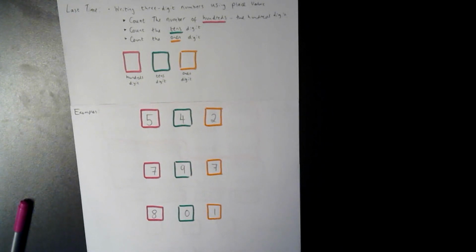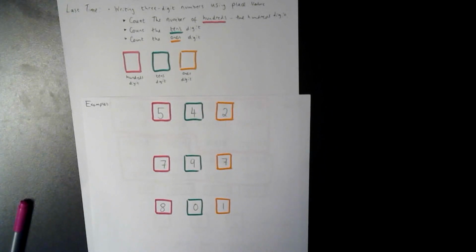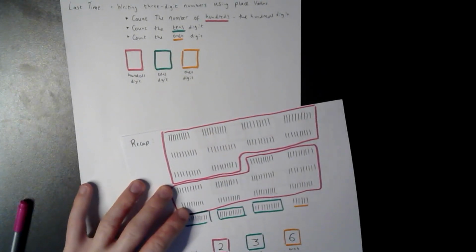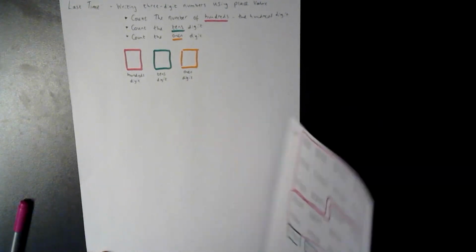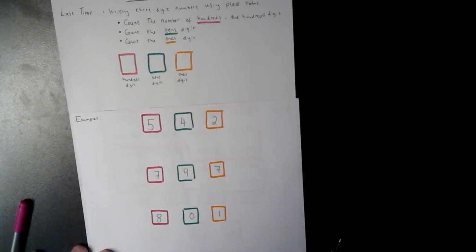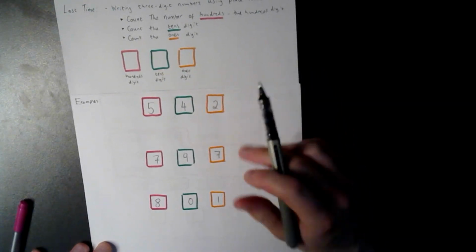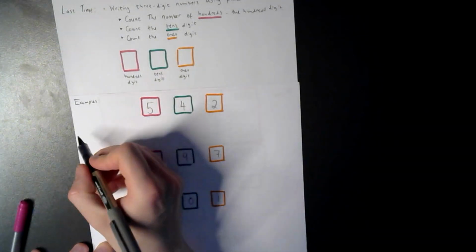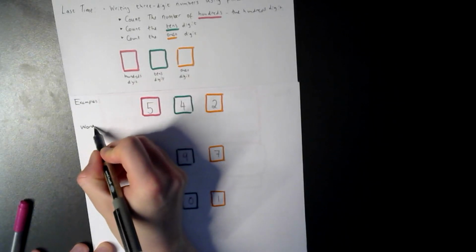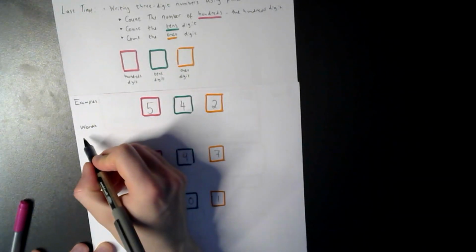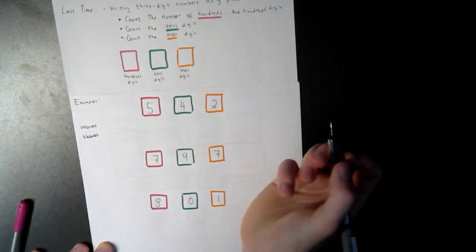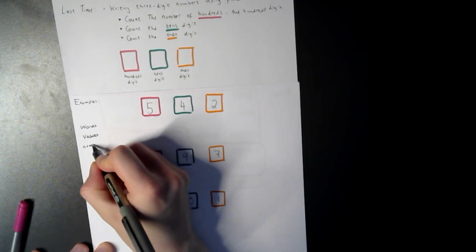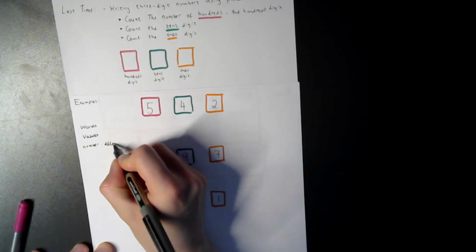If we were to just skip out that first step we had before of looking at all these lines and just go straight into here, what I'd like you to do is pause the video and have a go at writing each of these 3-digit numbers in words, in the digit values, and then the number decomposition.